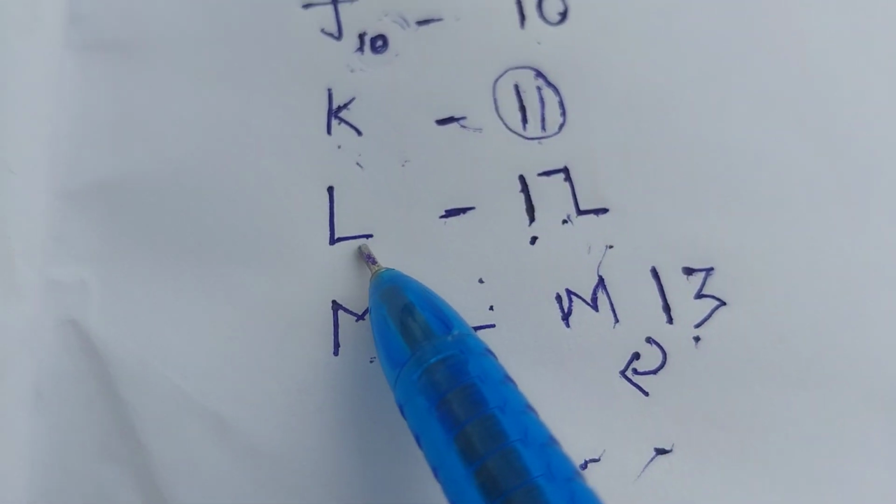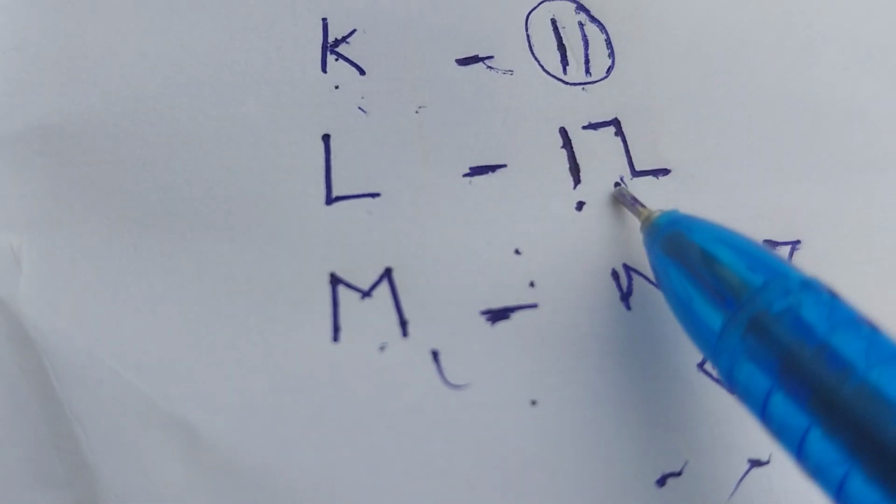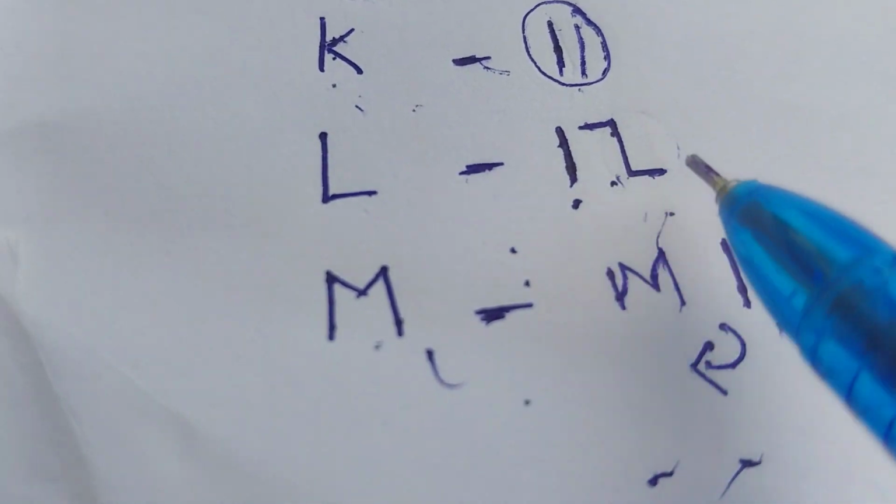Next, coming to the letter L. We will write the L normally, then we'll add a magical line on the upper side of the L, which gives us the number 2.